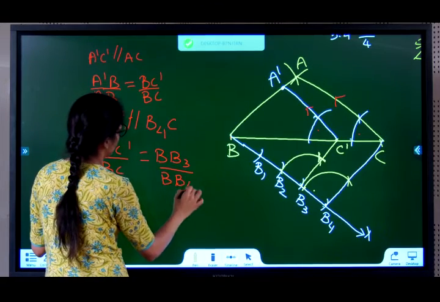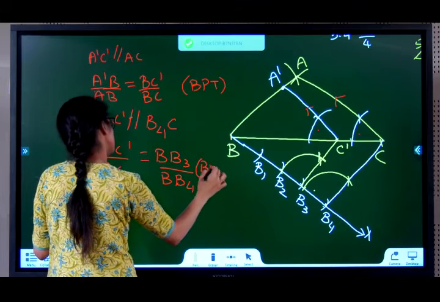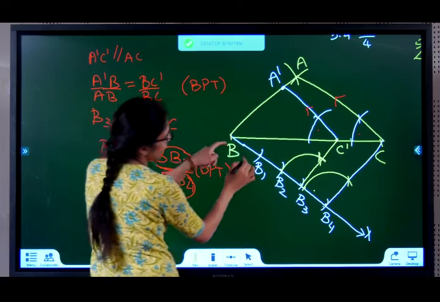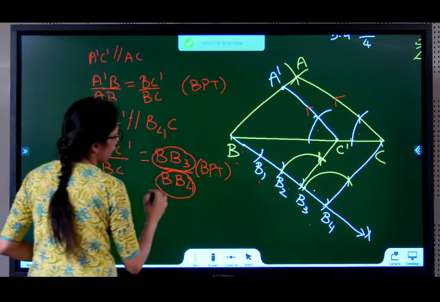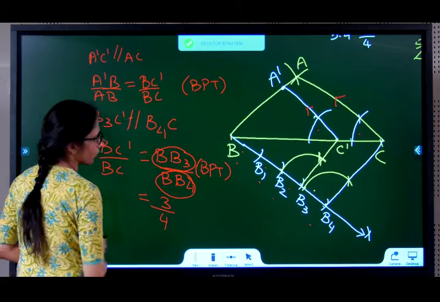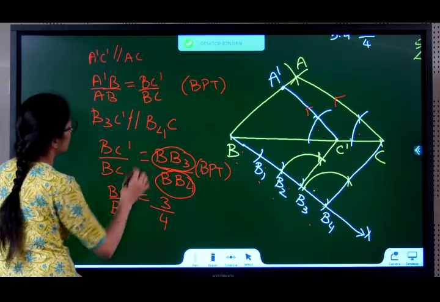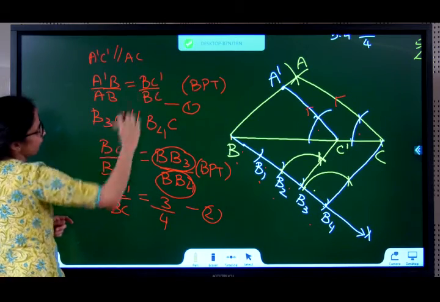BPT. What is BB3 by BB4? BB3 is 1, 2, 3, BB4 is 1, 2, 3, 4. So, I can say this is 3 by 4. Yes. So, this is 1, this is 2. This is nothing but 3 by 4. Put 3 by 4 here.